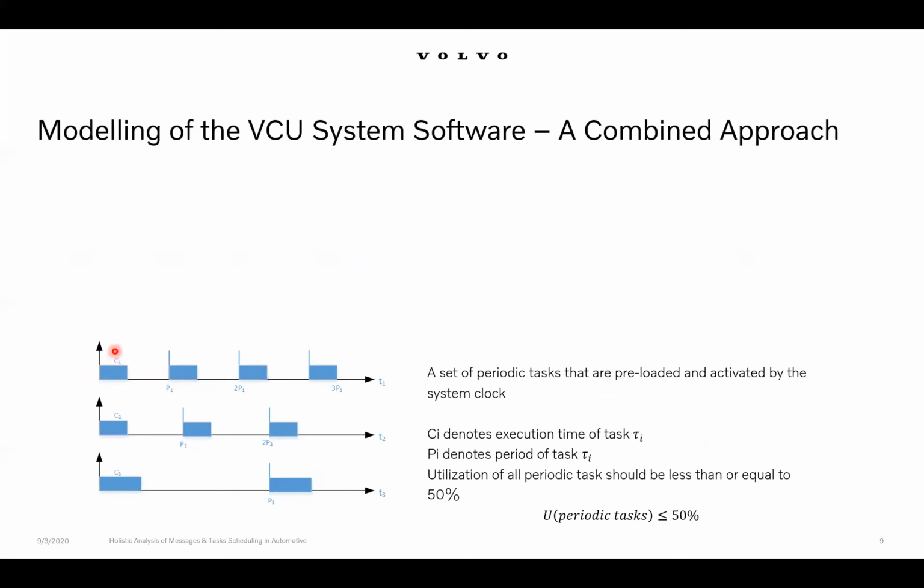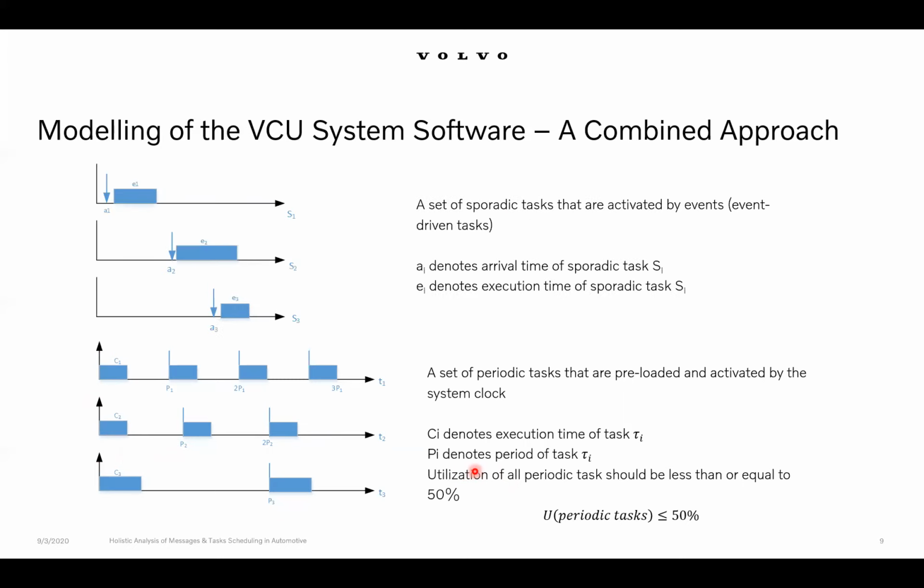But in this case, we analyze the worst case when everyone arrives at time 0. So it is known as the worst case situation. And we assume that those periodic tasks will not use more than 50% of the system utilization. The reason is that we want to reserve the resource for the sporadic task.